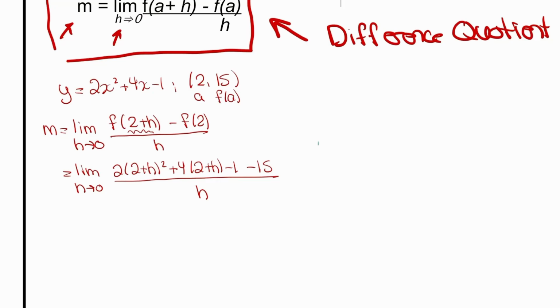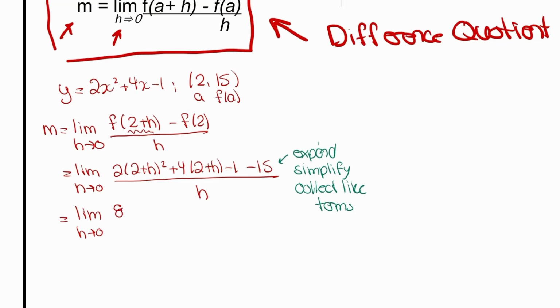So what we need to do now is we need to expand, simplify, and collect like terms. So the limit as h approaches 0 is going to be equal to 8 plus 8h plus 2h squared plus 8 plus 4h minus 16 all over h.